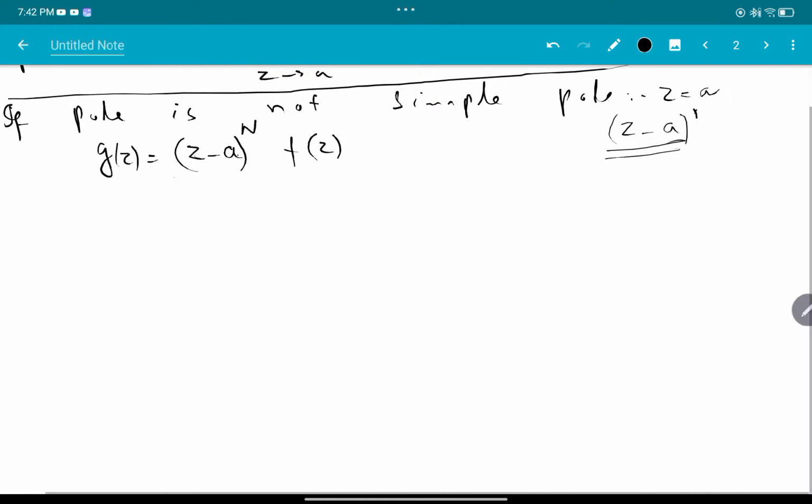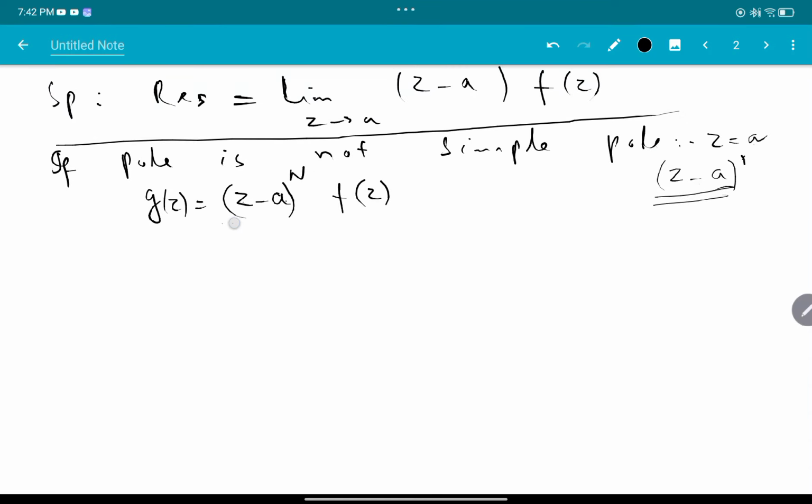So the first step that we remember while dealing with non-simple poles is that we have to create a new function g(z) from the old function f(z). How? By multiplying f(z) by the singularity factor.